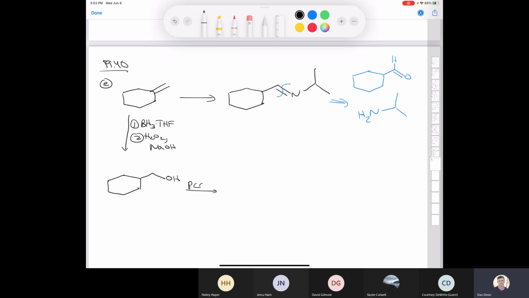Let's choose PCC to the desired aldehyde. And there you have it, right? Now, if we want to make the enamine, what do we have to do? We have to treat it with a catalytic amount of acid and the primary amine, and we have to indicate that we're removing water. And that's it. There you go. It's a total of 4 steps to complete that synthesis.